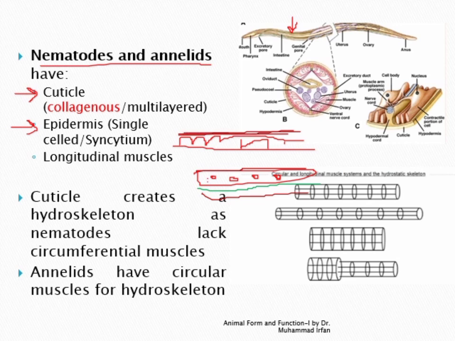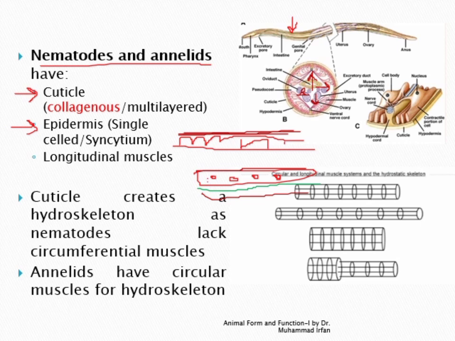These cuticles may also help make the body stiff when there is fluid pressure inside the body in nematodes, because they do not have circular muscle, only longitudinal muscle. So for the hydrostatic skeleton, the cuticle acts as circular muscle to produce stiffness in the body of these nematodes.